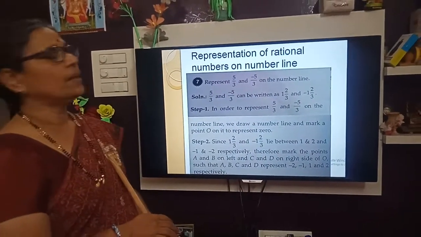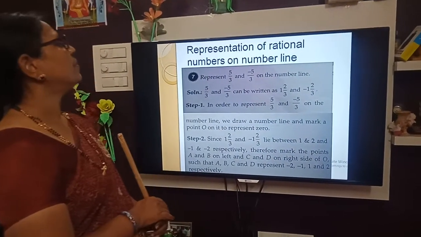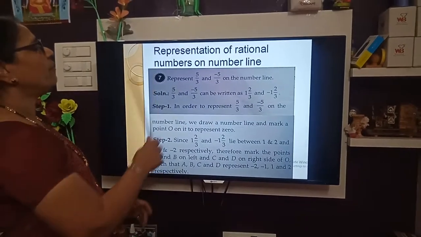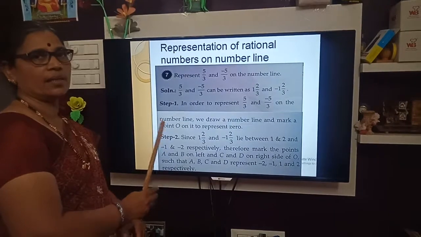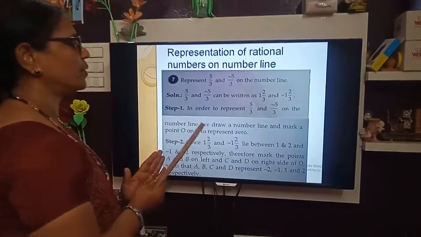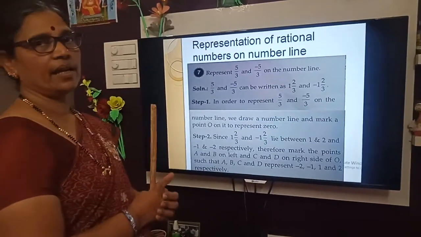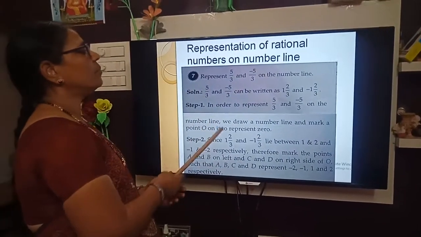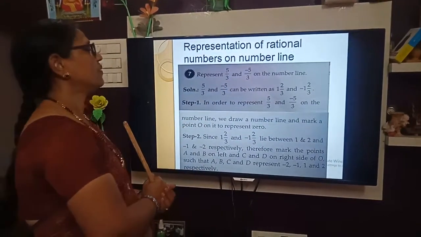Okay, fine. Representation of rational number on number line. You know very well about the number line. It has 0 at the center, positive numbers on the right hand side and negative numbers on the left hand side. But here it is not the whole numbers, these are the rational numbers we are representing.